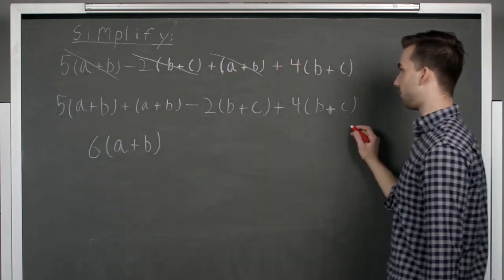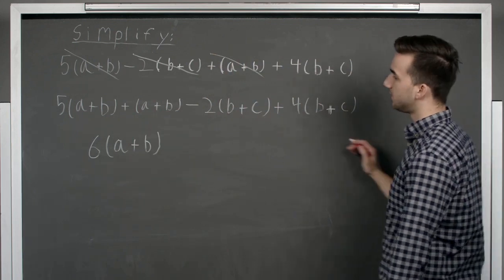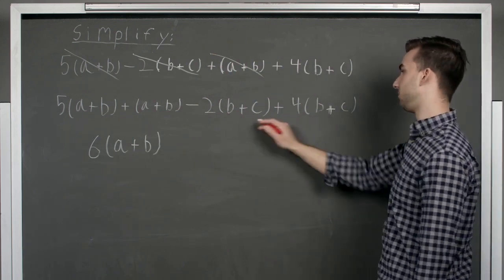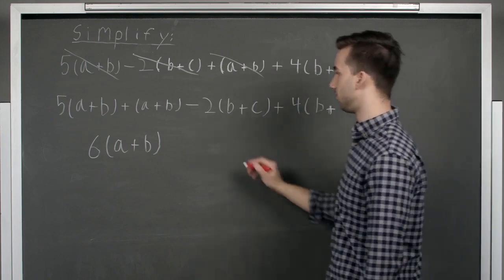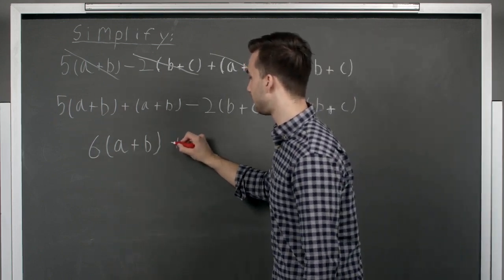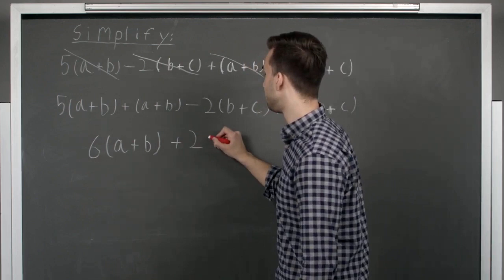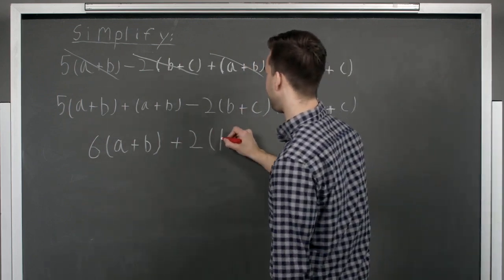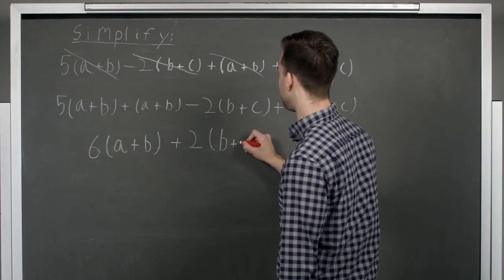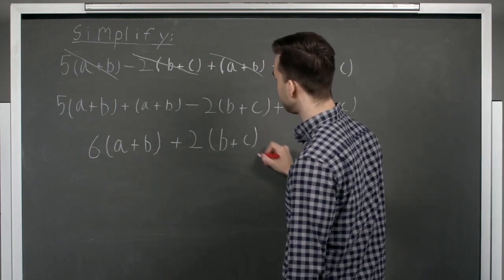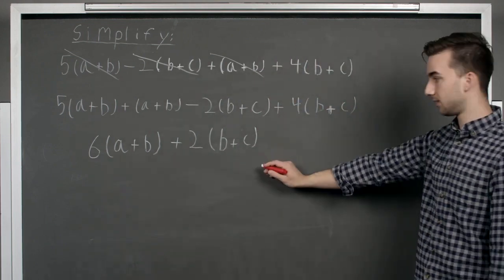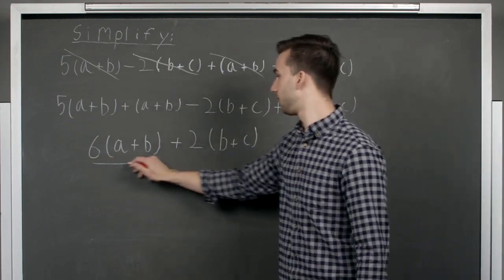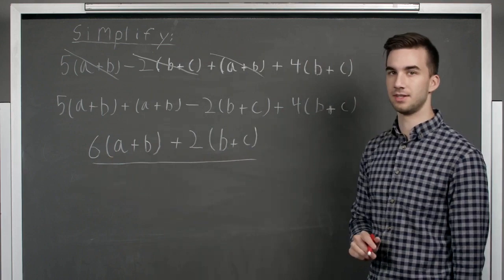And then now, what is minus 2 plus 4? Minus 2 plus 4 is 2. So plus 2(b + c). So this is the final form for our example, and it is our solution for this example.